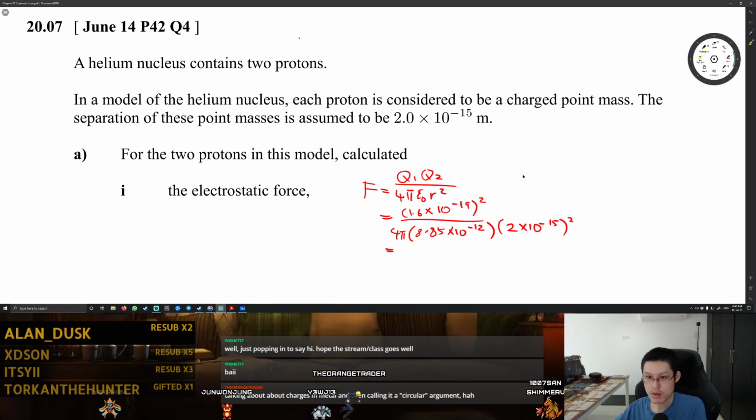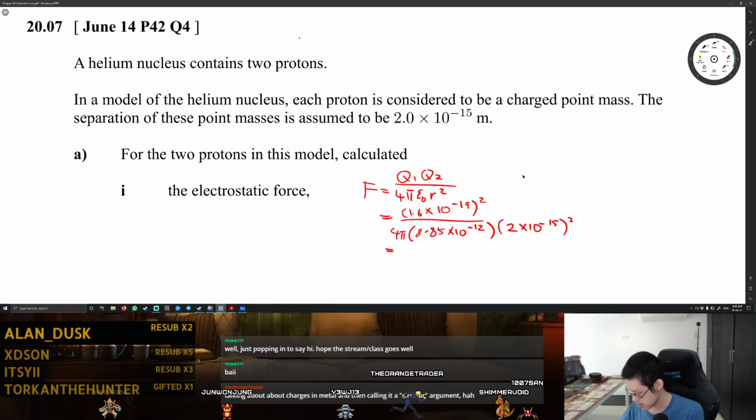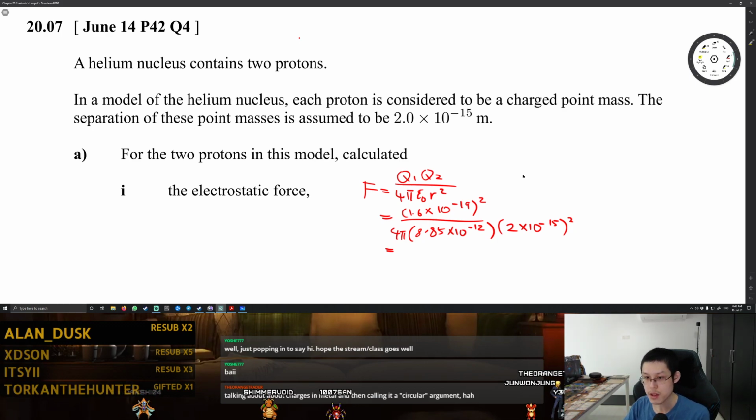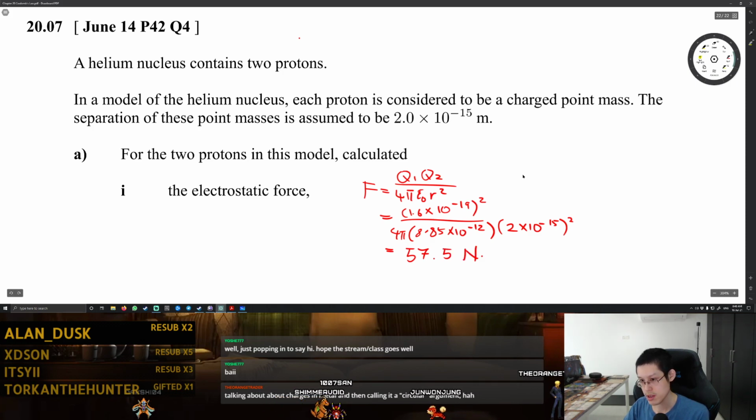Okay, so let's put that into our calculator. Two times 10 to the power minus 15 squared. So that's 57.5 newtons.